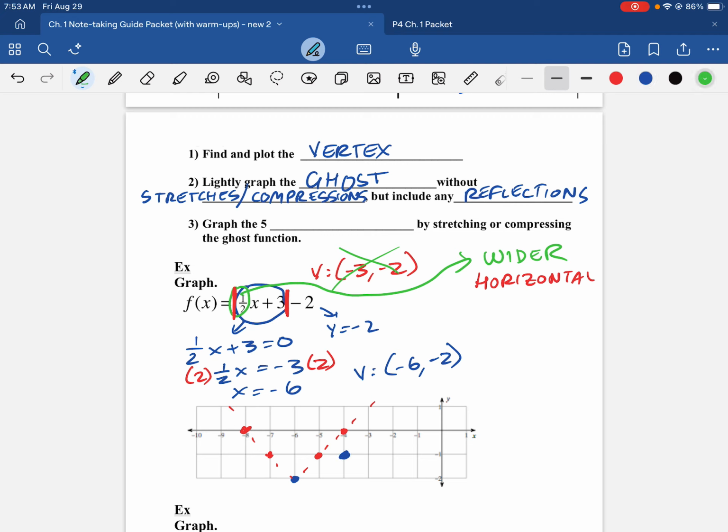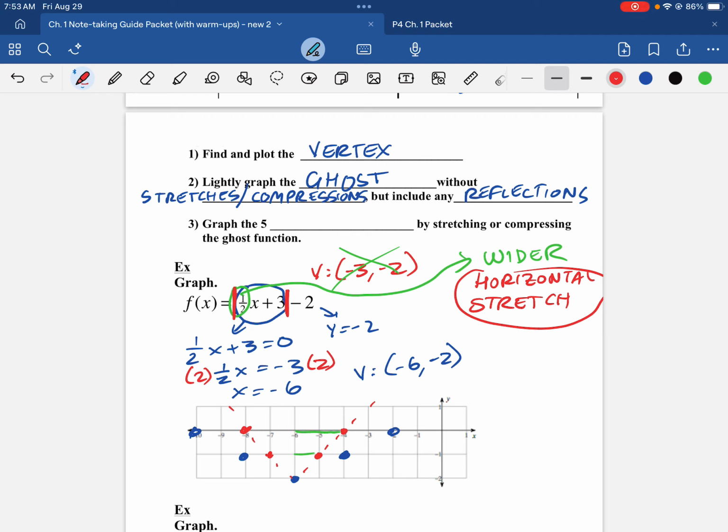I'm taking this 1 unit from the center and doubling it. I'm taking this 2 units from the center and doubling that. And then I can see this is going to give me a wider V. So that means this is a horizontal stretch. Those points are stretching horizontally away from the middle of the graph.